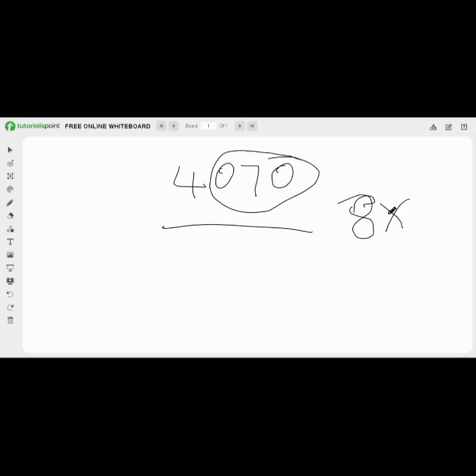Let's get another example: 2, 9, 8, 7, 0, 4. Let's check if it's divisible by 8.